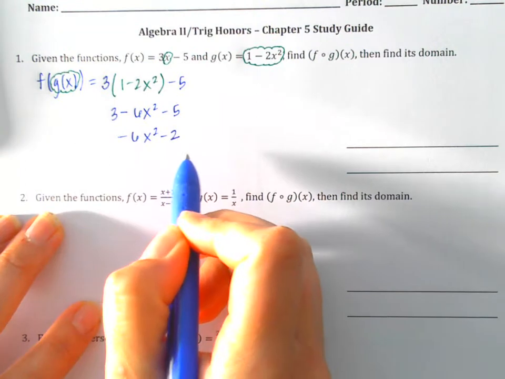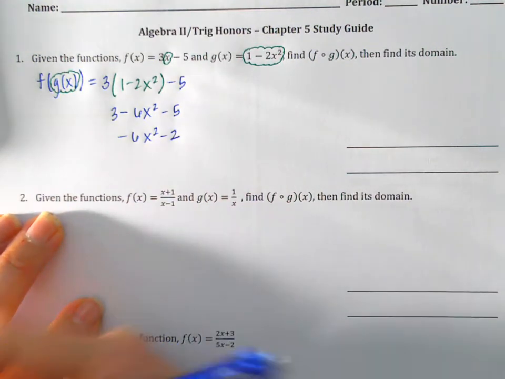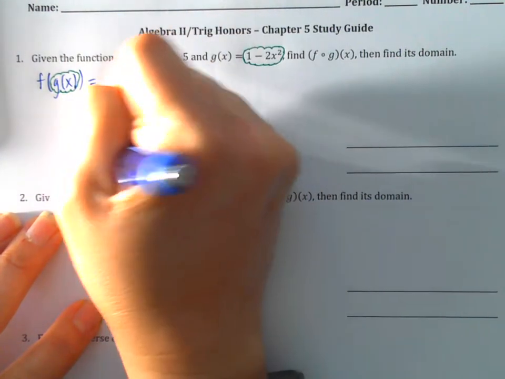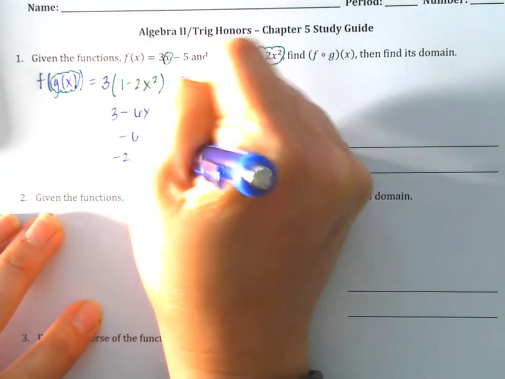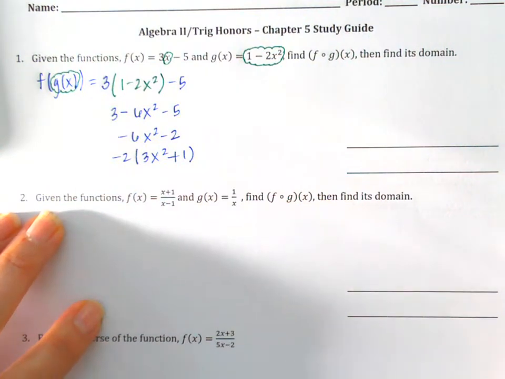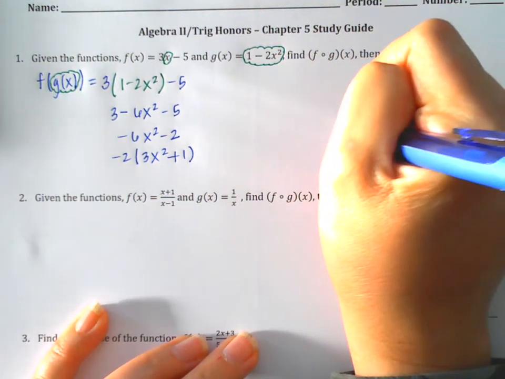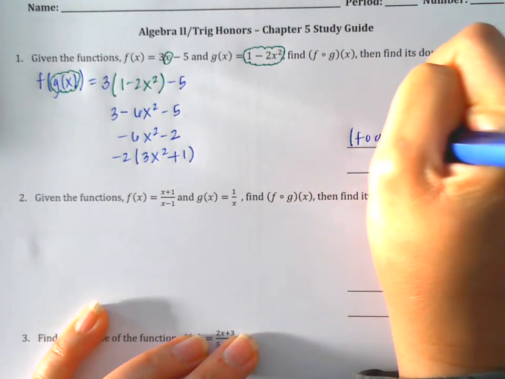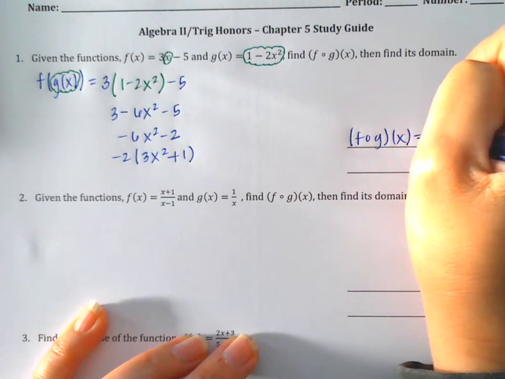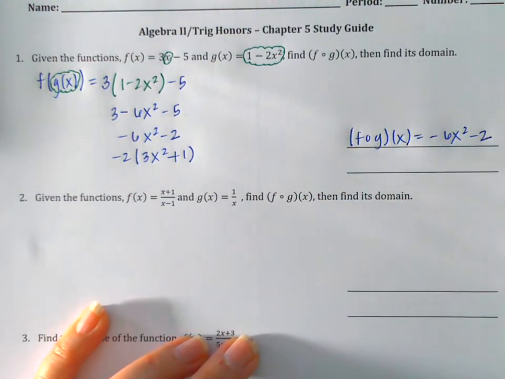And that's my final answer. You can factor out a negative 2 if you wanted to, but that's fine, it doesn't matter. I would not expect you guys to do that. So f of g of x is equal to negative 6x squared minus 2.